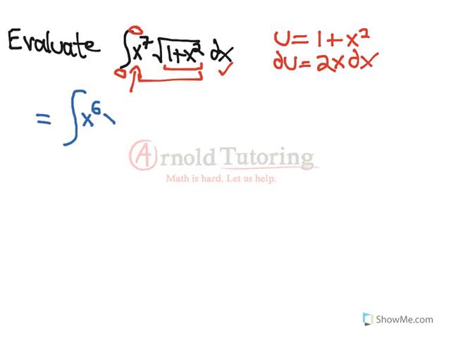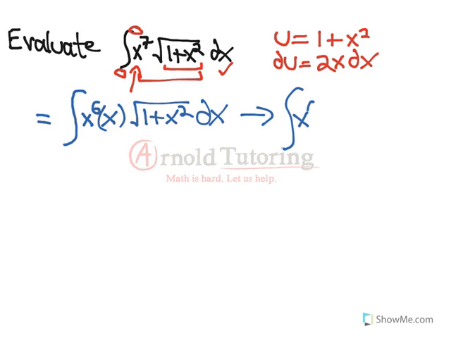I'm going to actually just rewrite this first. x to the 6 times x, I'm breaking out one of the x's there, times the square root of 1 plus x squared dx. So now I look at what I have in terms of u, and I can rewrite this as x to the 6, I can't replace that yet, times x dx. Well, if we want to isolate x dx here, I would just divide by 2 both sides.